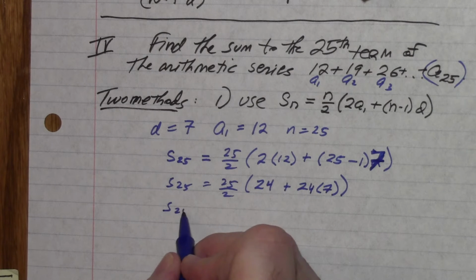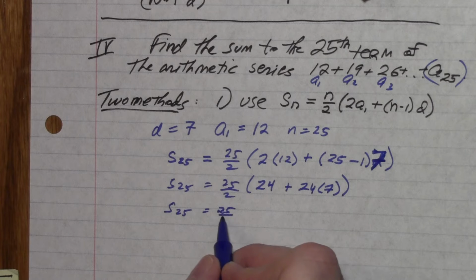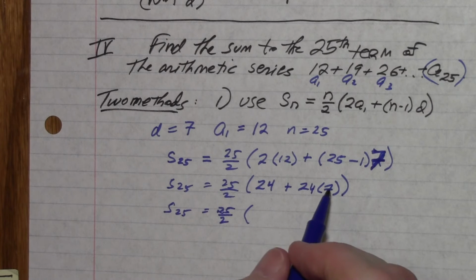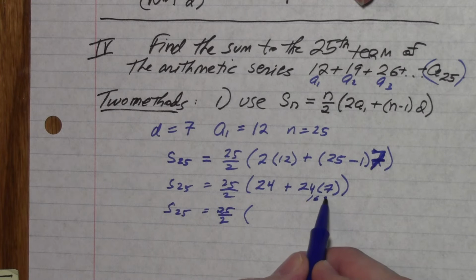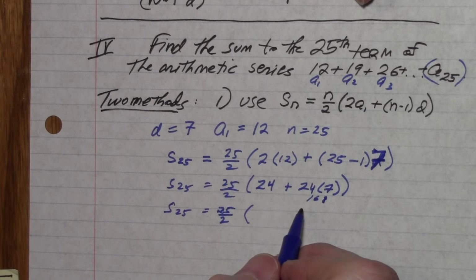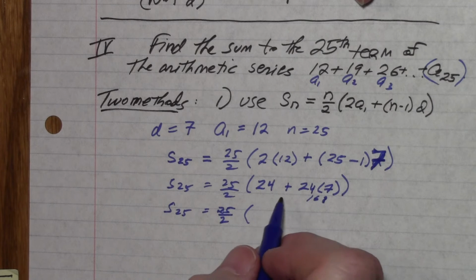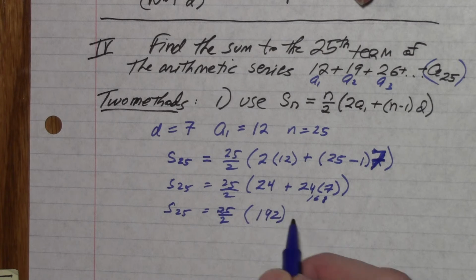Okay. So the sum of the 25 terms, that first 25 terms. So 24 times 7 is 168. And when I add 24 to that, I get 192.